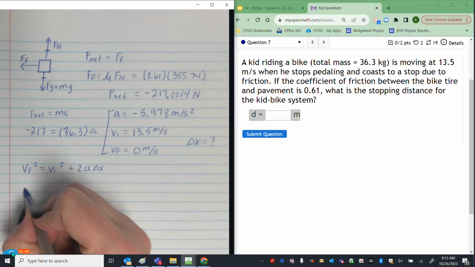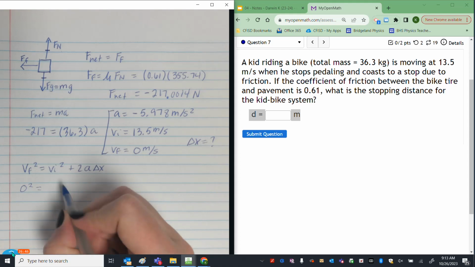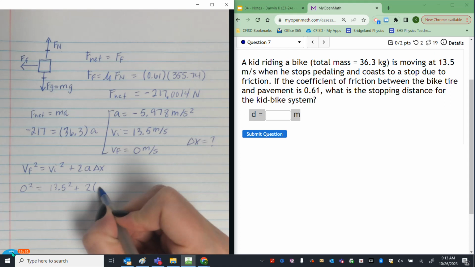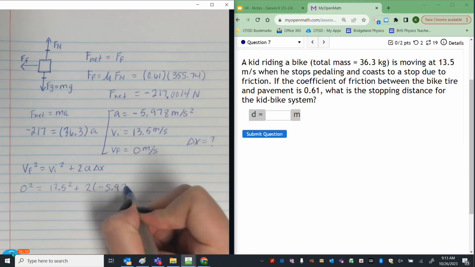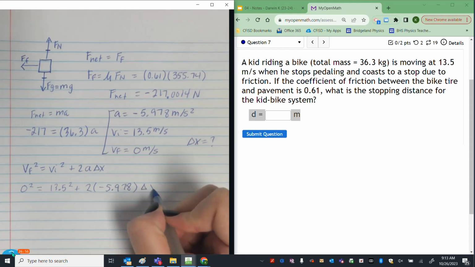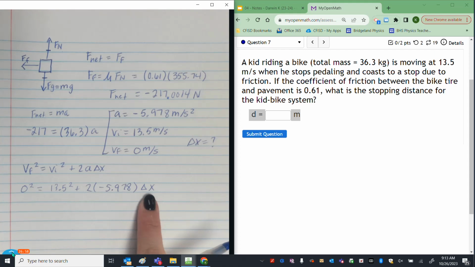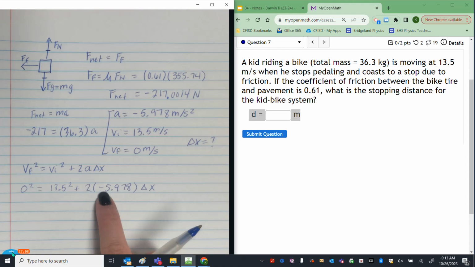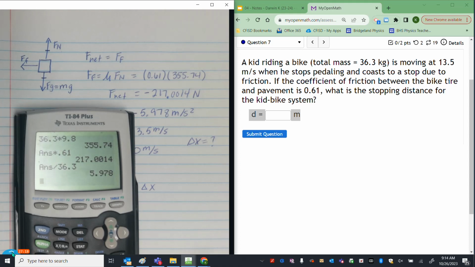So VF is 0. 0 squared equals 13.5 squared plus 2 times negative 5.978 times delta x. This will allow us to solve for delta x once we've rearranged this. Keep in mind, you are going to end up with a wrong answer if you do not have your signs correct. So the fact that he is slowing down, you need to make sure that you know that's a negative acceleration. 0 squared, of course, is 0. So let's see what 13.5 squared is.